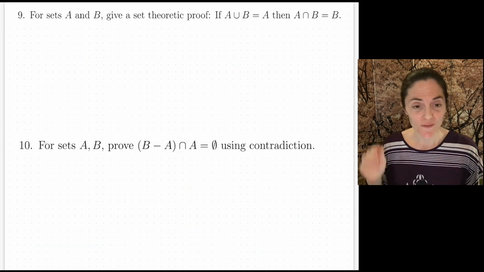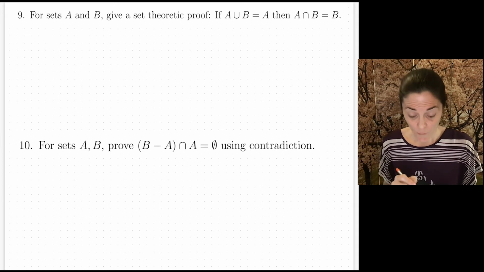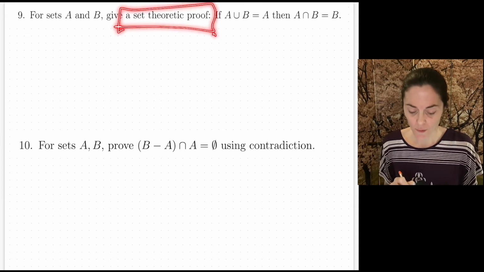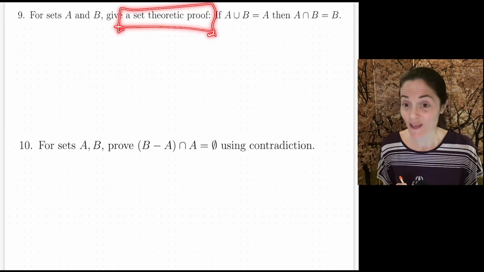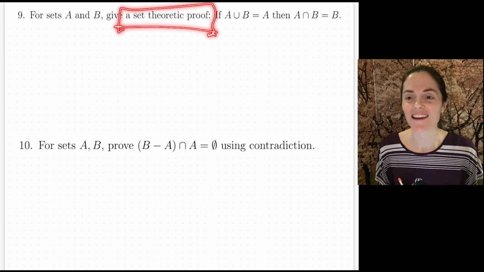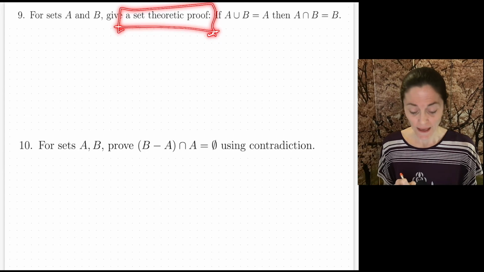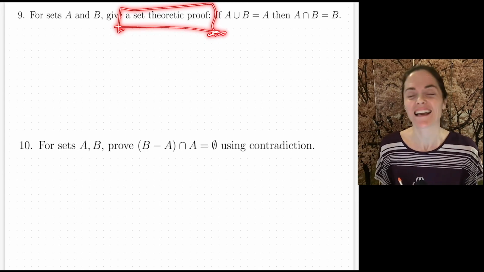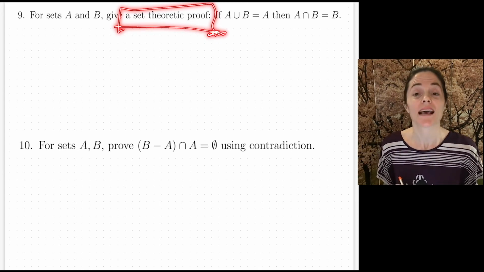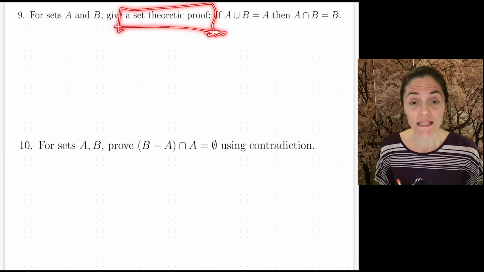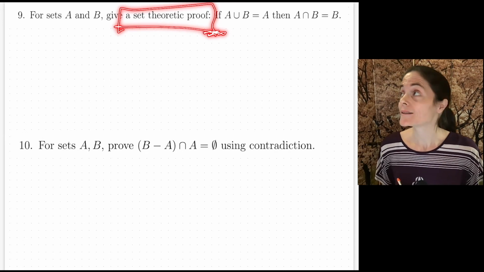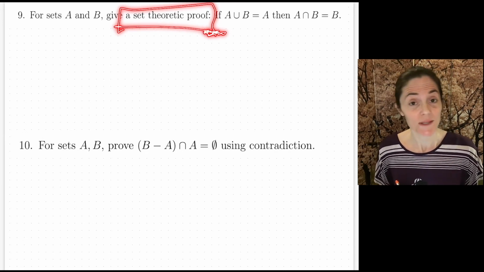Number 9, for sets A and B, we want to give a set theoretic proof of the following. If A union B is A, then A intersect B equals B. Now, I outline this part on purpose. Set theoretic proof. This means not a Venn diagram. This means using sentences.